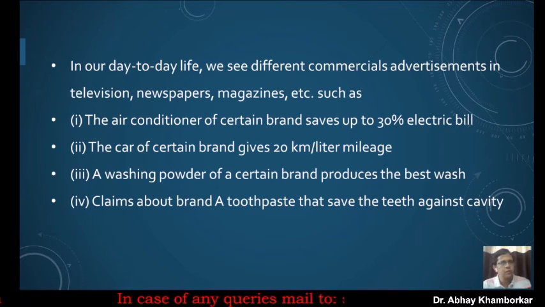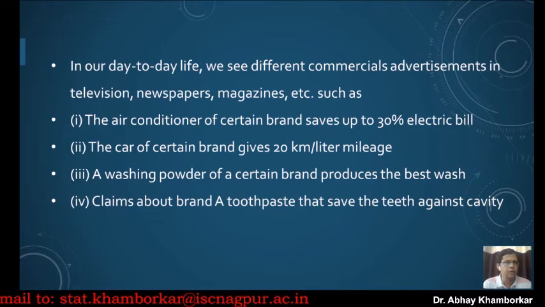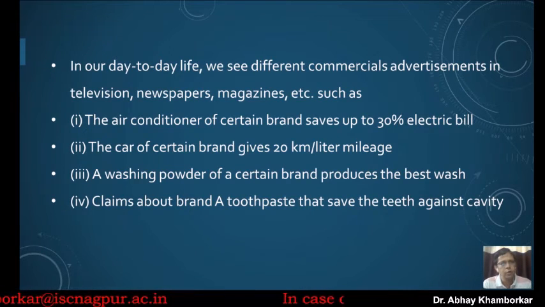Now naturally as a consumer बोलो या as any watchdog बोलो, we have to check whether this information or claim made by the manufacturer is true, so that is nothing but testing. Not necessarily claim को ही हम लोगों को करना है, but चेक करना है whether the information which is given to us is true or false. For example, the air conditioner of a certain brand saves up to 30% electric bill. So this is the information which is available to us and can be written down in the form of some statement, right?